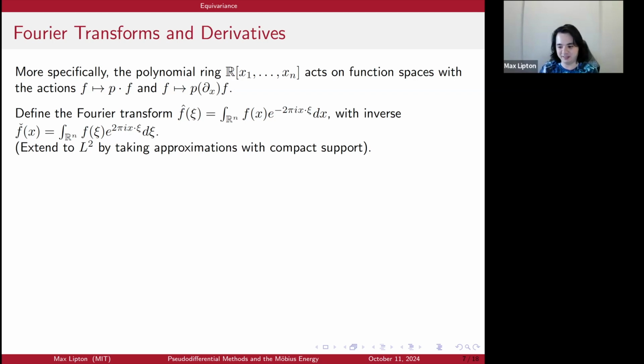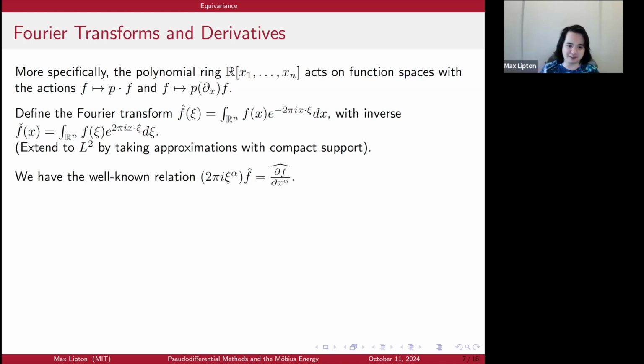And then we can take approximations in general L^2 to extract an unambiguous definition of the Fourier transform. And so we can still write an integral even if we're not technically integrating a function or even something that's in some L^p, because you can also define the Fourier transform on distributions.